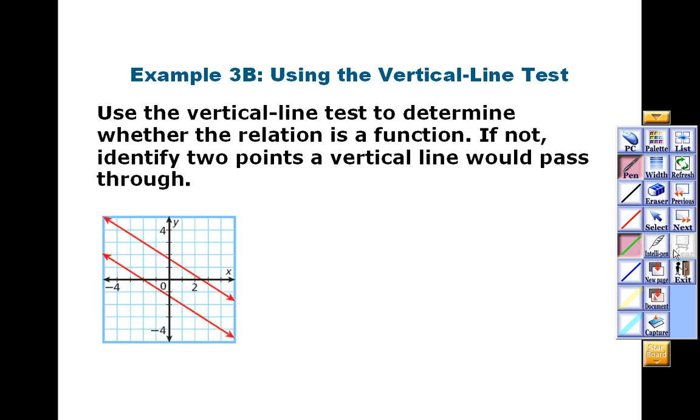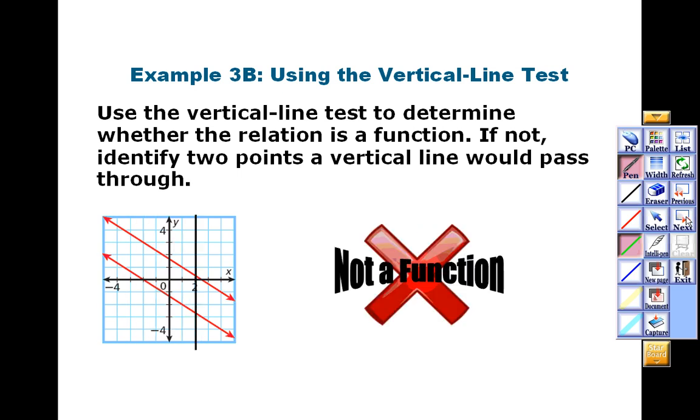Let's look at the same thing on this graph. Is this relation a function? Do you agree with your original thought now that you see the line moving across the graph? Well, you'll notice that it's always hitting 2 points at the same time. So this is not a function.